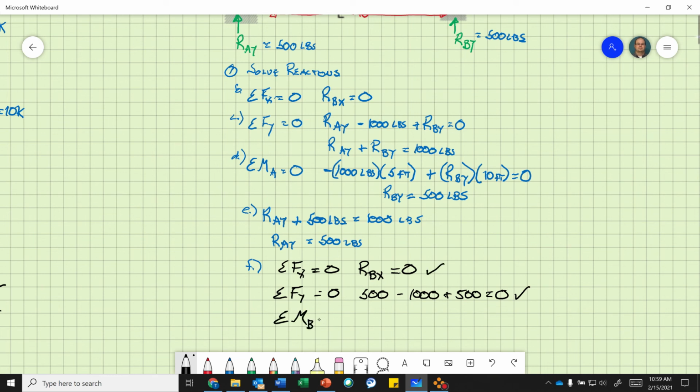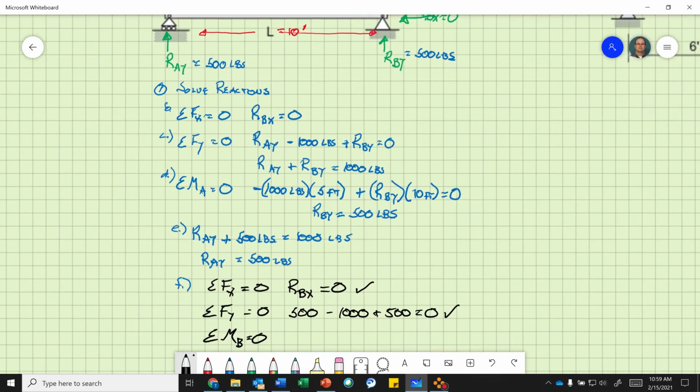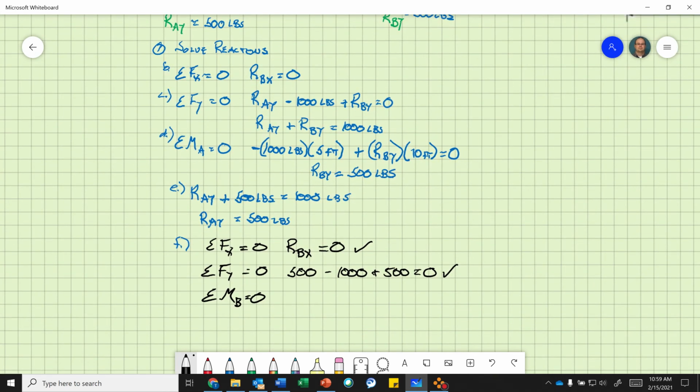Now we're going to use a different point. Sum of the moments equals 0. RAY is going in the clockwise rotation, so that's a negative: minus 500 pounds times 10 feet.